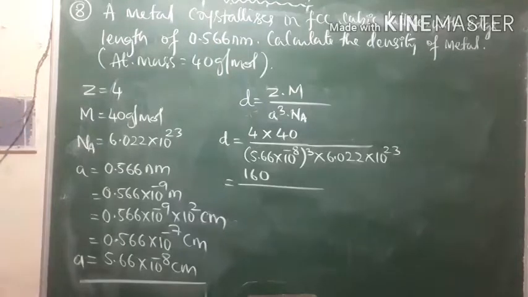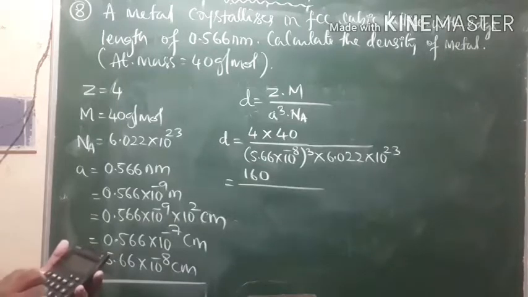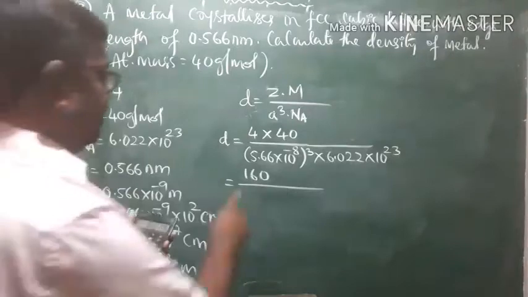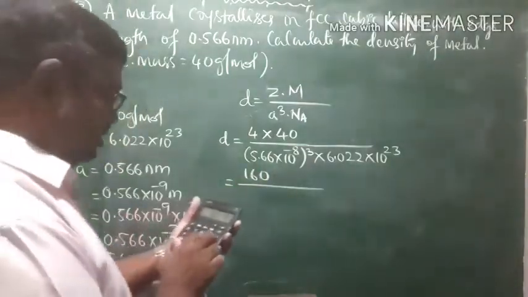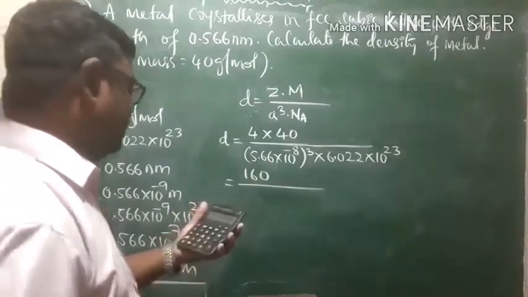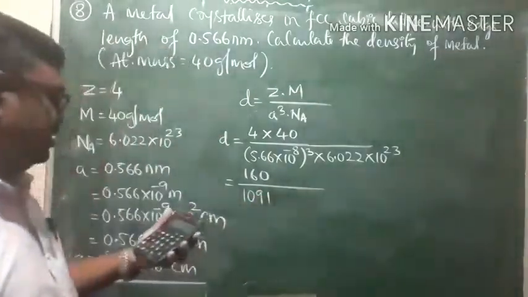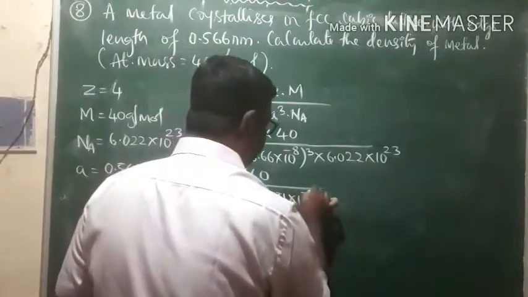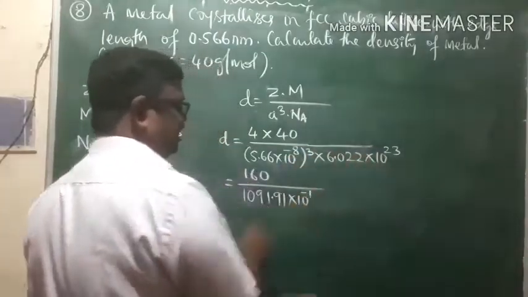You just go for the cube of 5.66. 5.66 whole cube is around 181.3, into 6.022, multiplied it will be 1091.91 into 10 to the power of -1, because -24 plus 23 gives 10 to the power of -1.